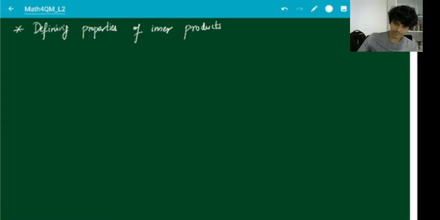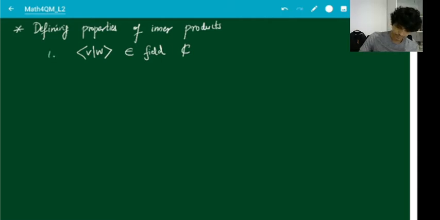So let's say I have the inner product of two vectors v and w. Then the inner product has to satisfy the following properties. If I take the inner product, then this has to belong to the field over which the vector space is defined. So in our case, the field is just complex numbers, but in general it could be real numbers or any other field that you're working on.